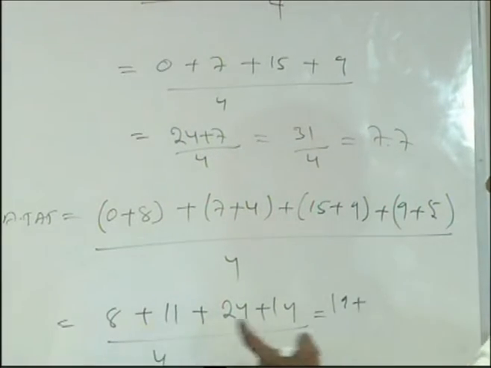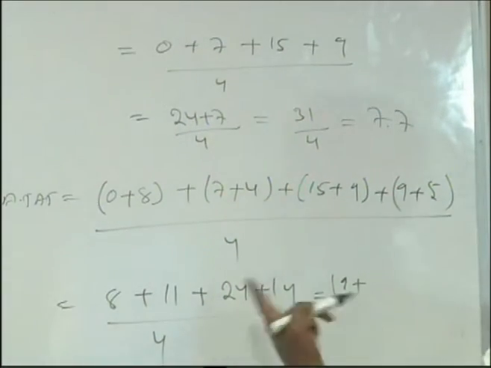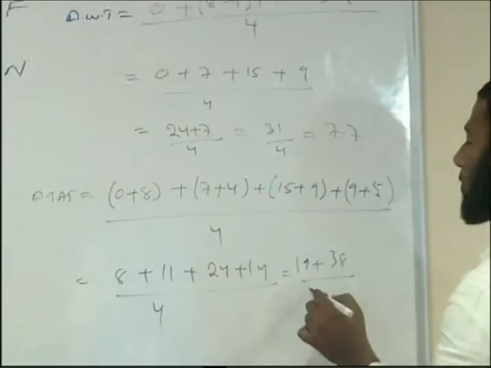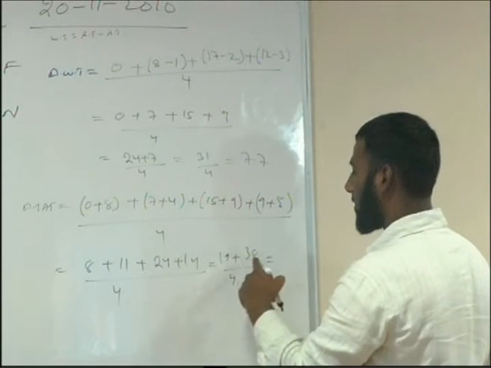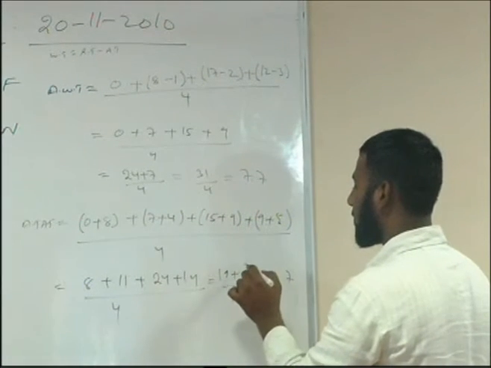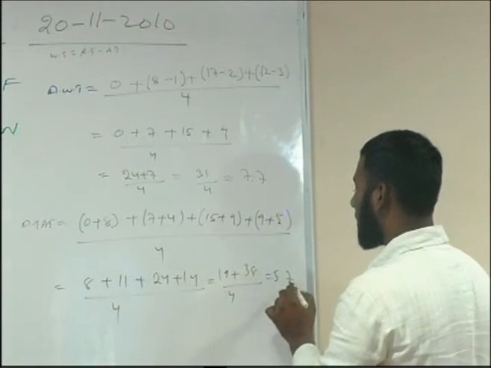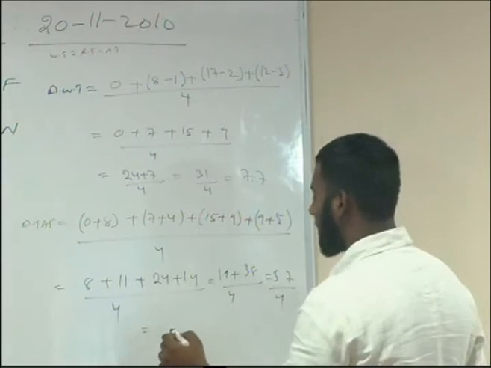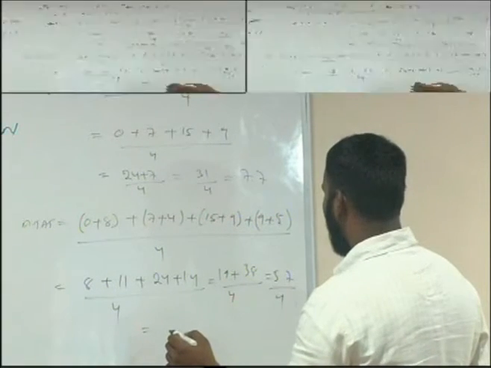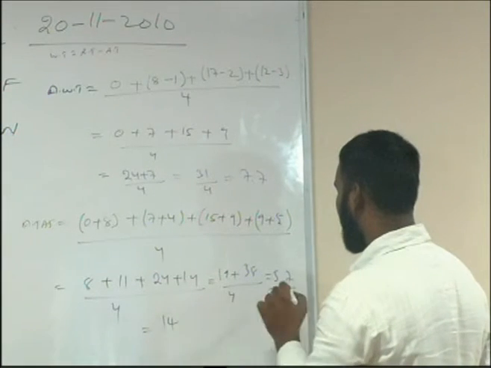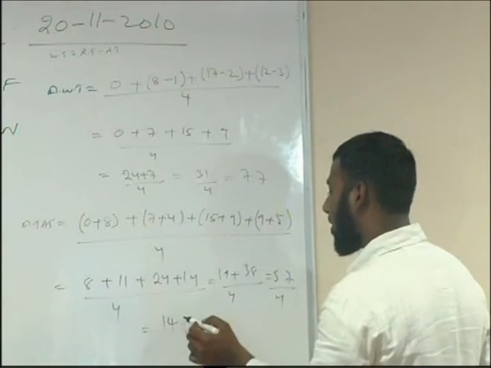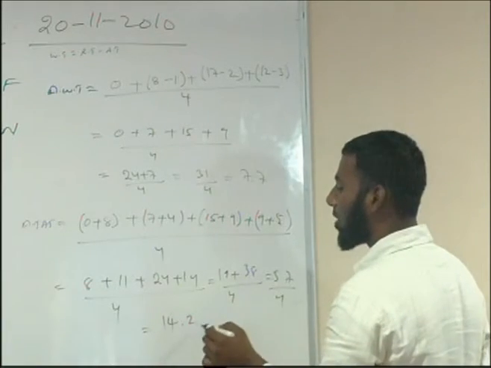19 plus 8, 38 by 4, so 9, 16, 17, 7, 4, 5, 57 by 4. So which is equivalent to 4 1s are 4, 4 4s are 16, 0.4 to the 8, so 4.2 units.